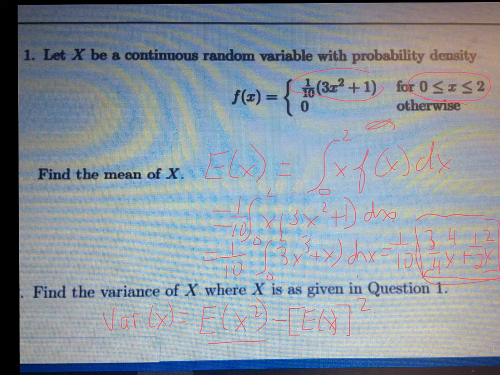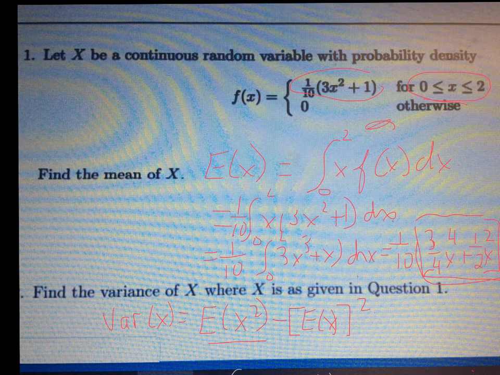In this case, because you already have the E of x from your antiderivative, your integral from the first part, then the only thing that you need is the E of x squared. And how you find that is it's actually the integral of x squared f of x dx.